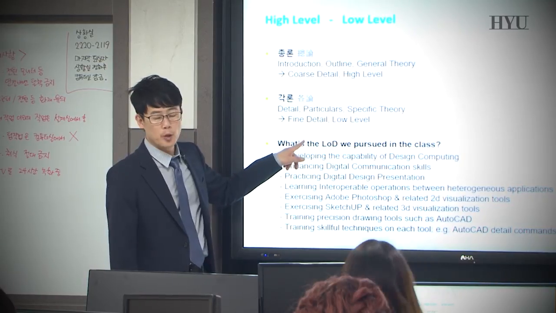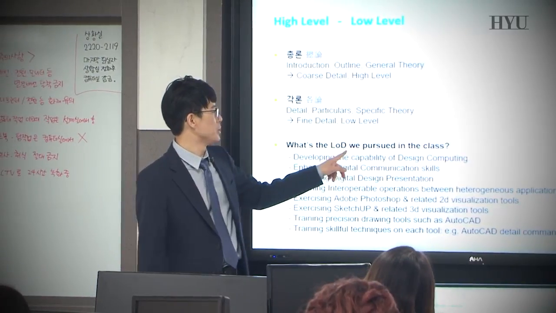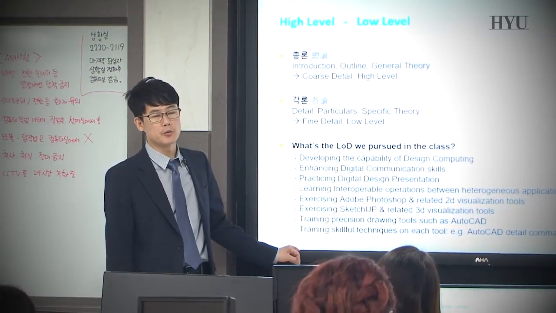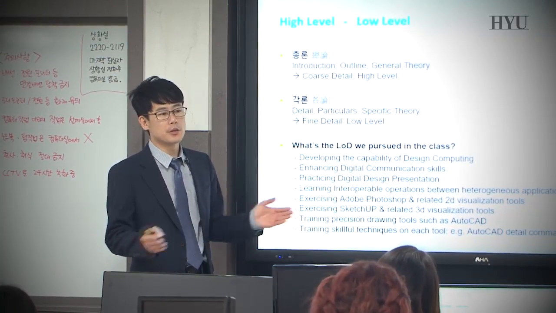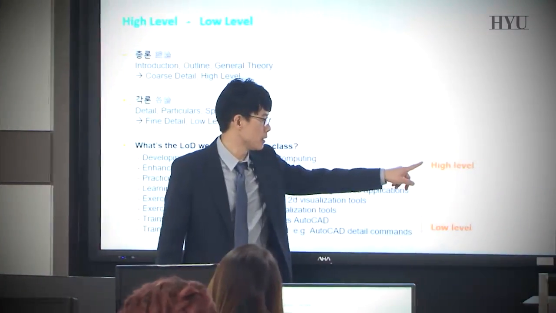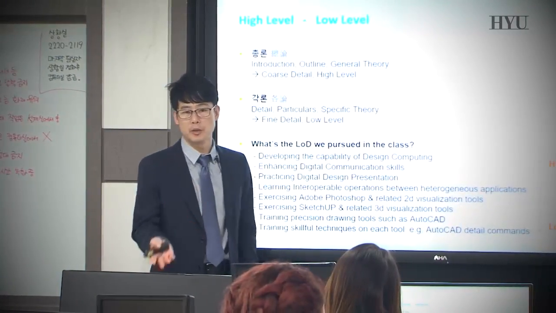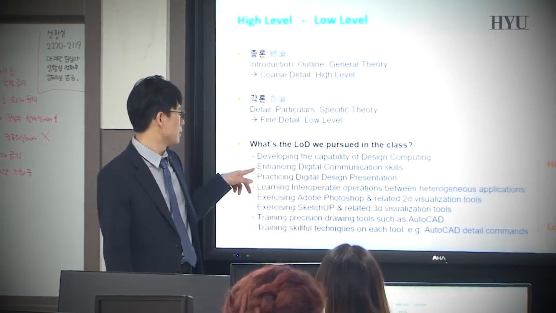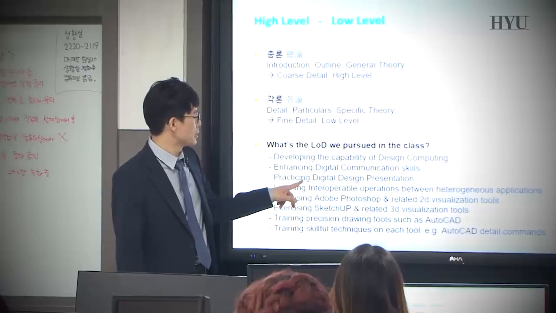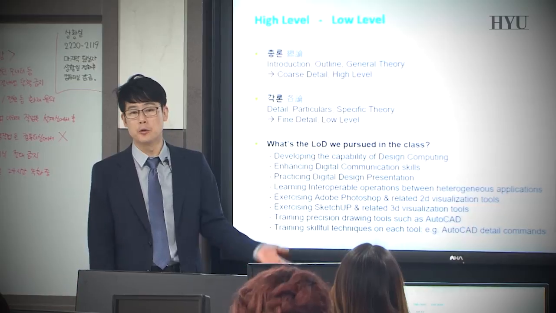Let's think about comparison between levels of detail. What's the level of detail we pursued in the class? I'm talking about the digital design and visualization course, this course. In general, design computing course, okay? In high level, developing the capability of design computing, your capability of design computing, digital design, enhancing your digital communication skills, practicing digital design presentation, something big, something broad.